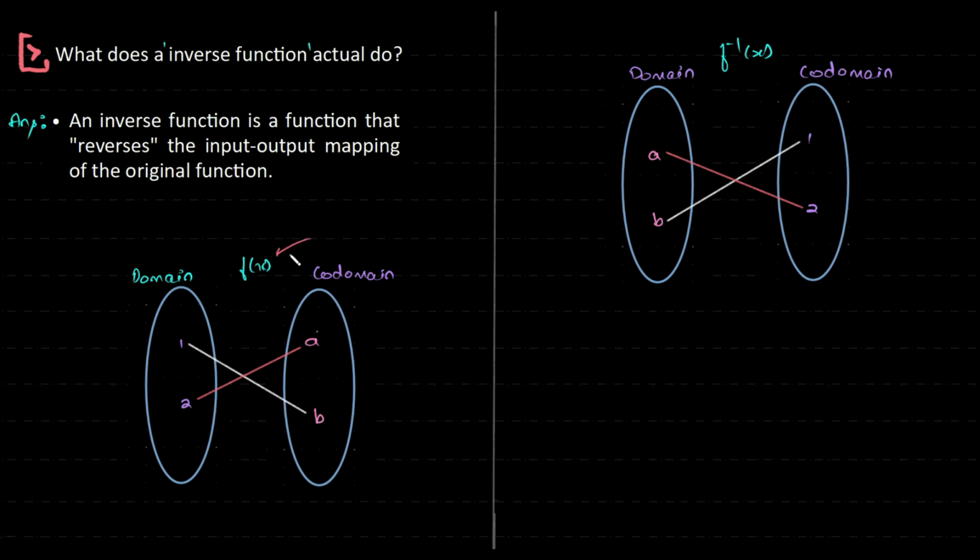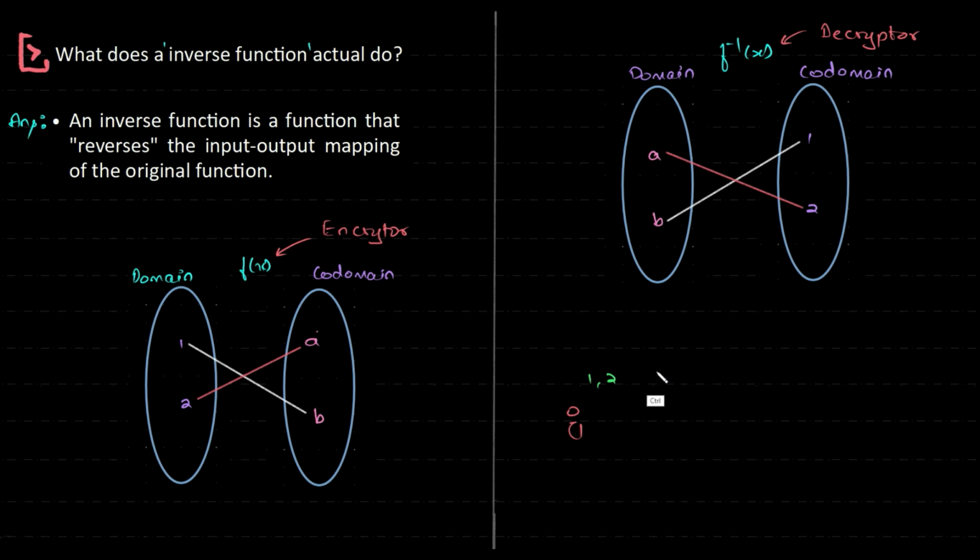Now, if I call this an encryptor and this a decryptor, say I'm sending a message, the numbers 1 and 2, to a person. A very important set of numbers.